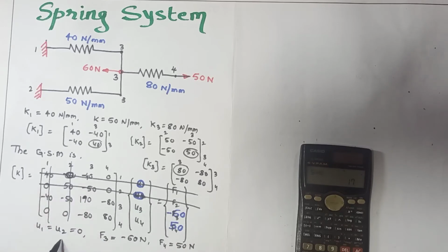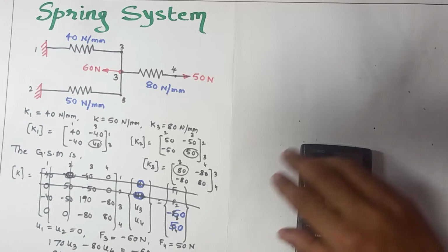So what will be the remaining? 170, minus 80, minus 80, 80. So you can write the equations: 170 u3 minus 80 u4 is equal to minus 60, and minus 80 u3 plus 80 u4 is equal to 50.